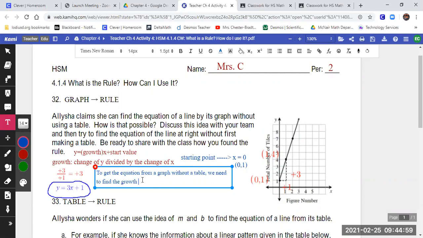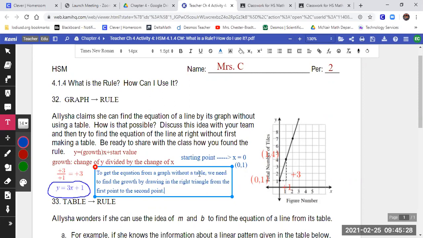We need to find the growth by drawing in the right triangle from the first point to the second point.